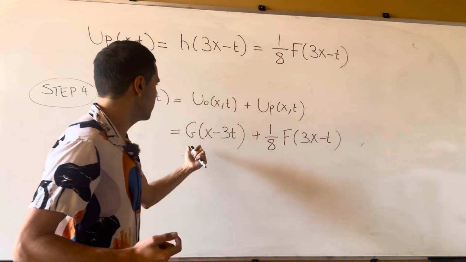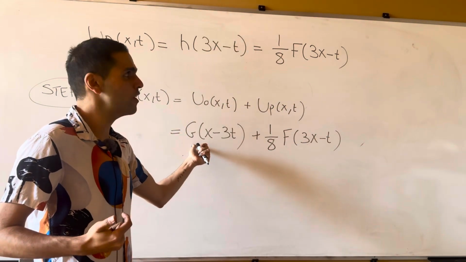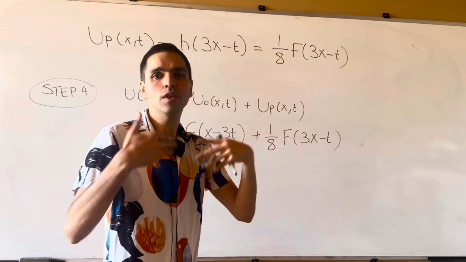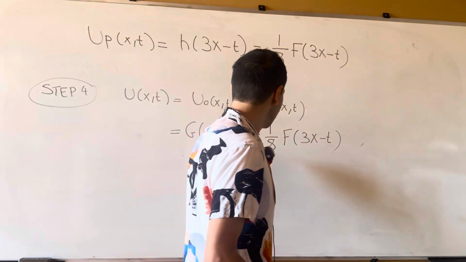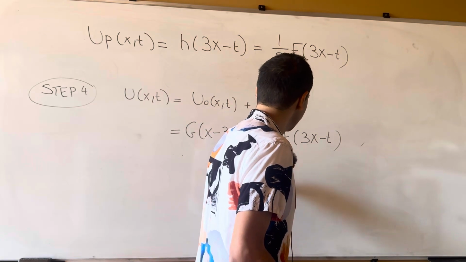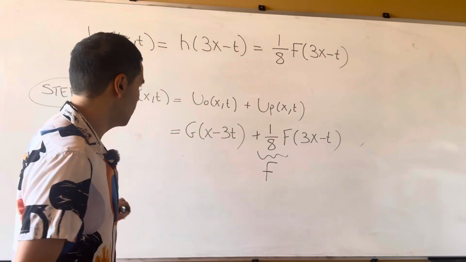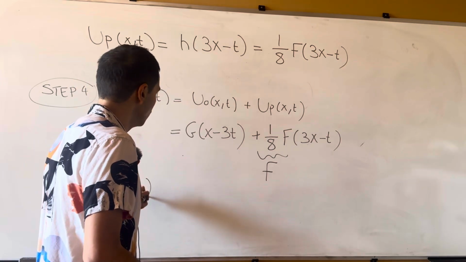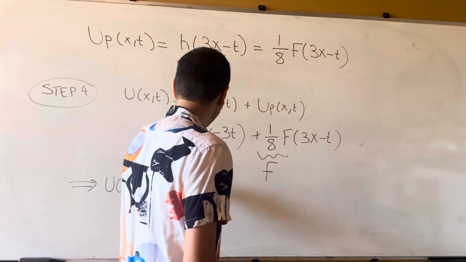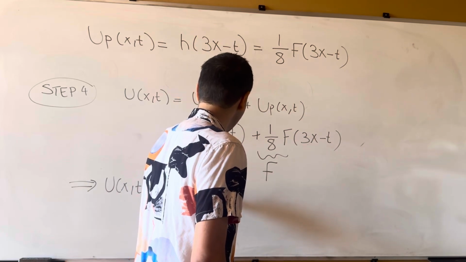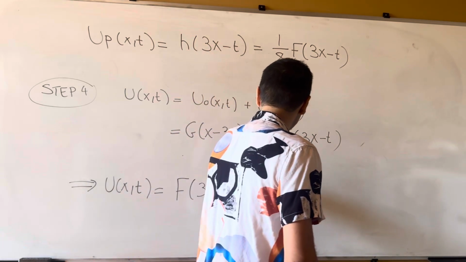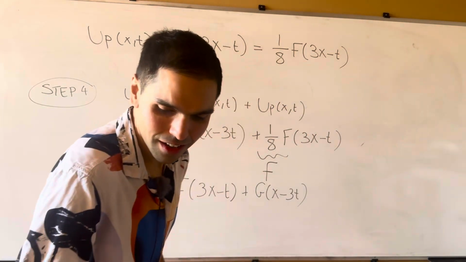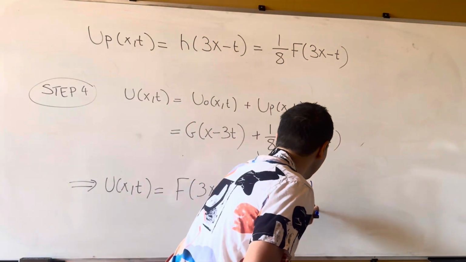But here's the thing, capital G is arbitrary, and little f is arbitrary, and so is capital F. So this 1/8 actually just gets absorbed in this capital F. And so in the end, we do have our solution, u, which is F(3x − t) + G(x − 3t). Which, in my opinion, is quite beautiful.